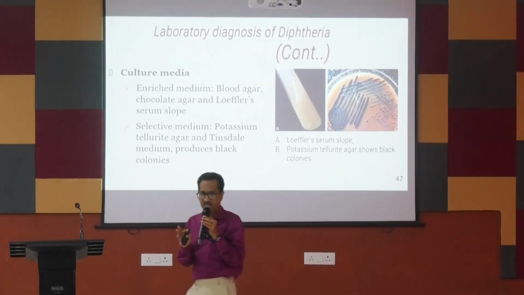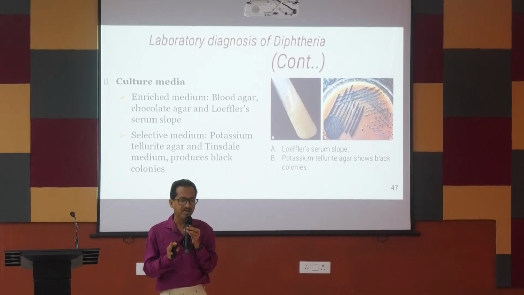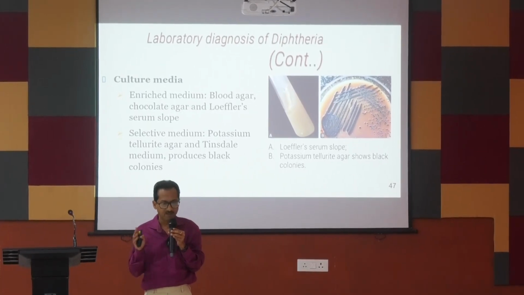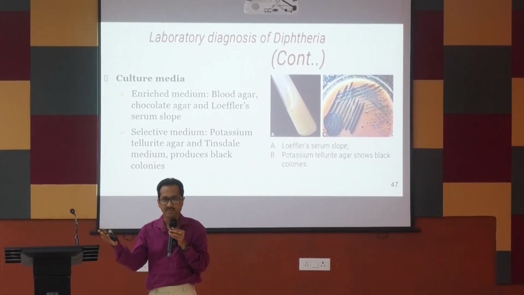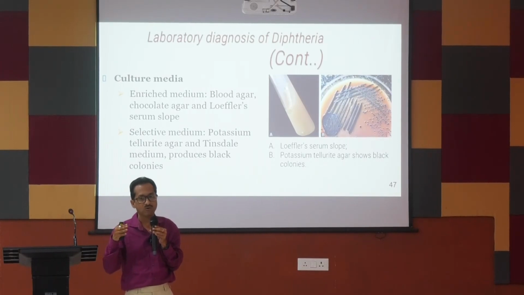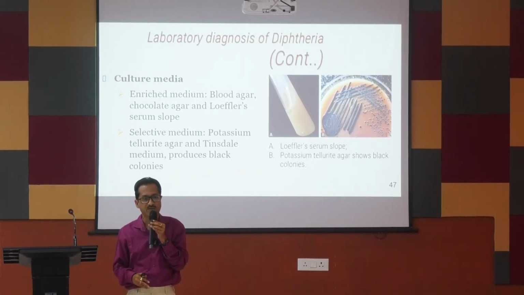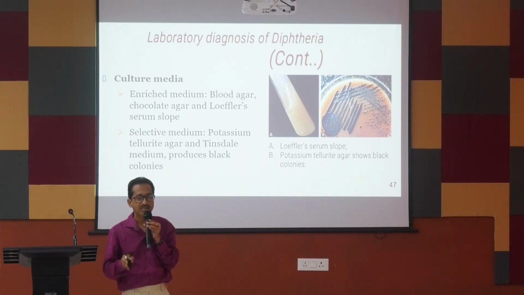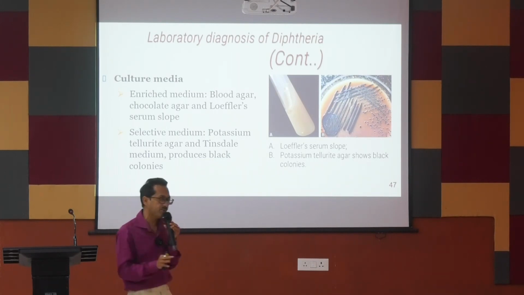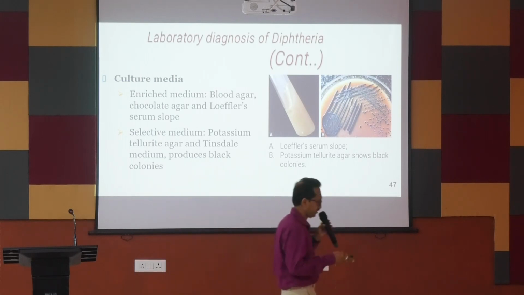Remember these two media for diphtheria. Loeffler's serum slope is for getting the colony very quickly, within 6 to 8 hours, and potassium tellurite agar is specific. Other commensals will not grow. This is the specific media for Corynebacterium diphtheriae.